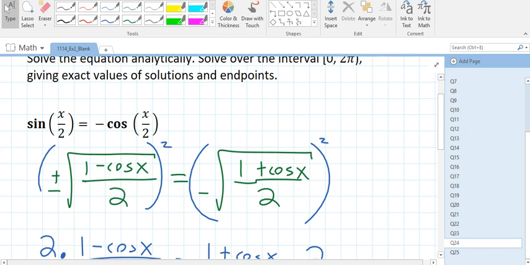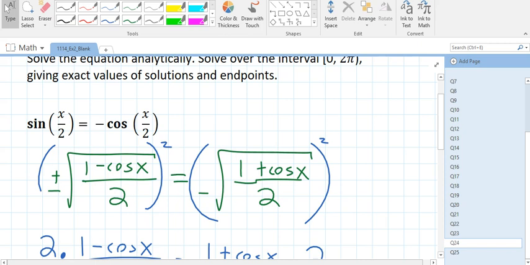Pi over 4. So the question is, is sine of pi over 4 equal to a negative cosine of pi over 4?